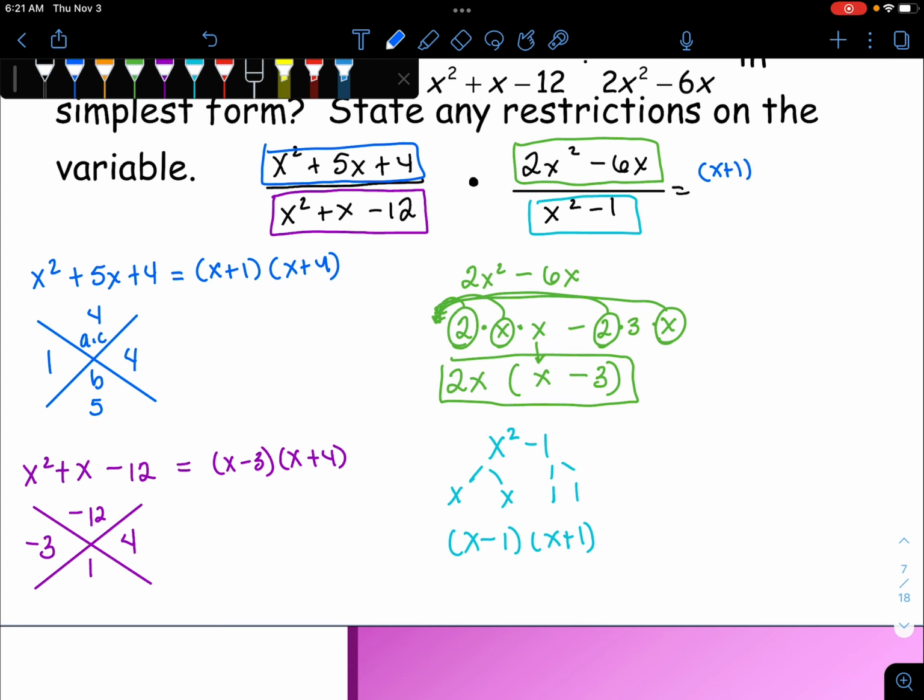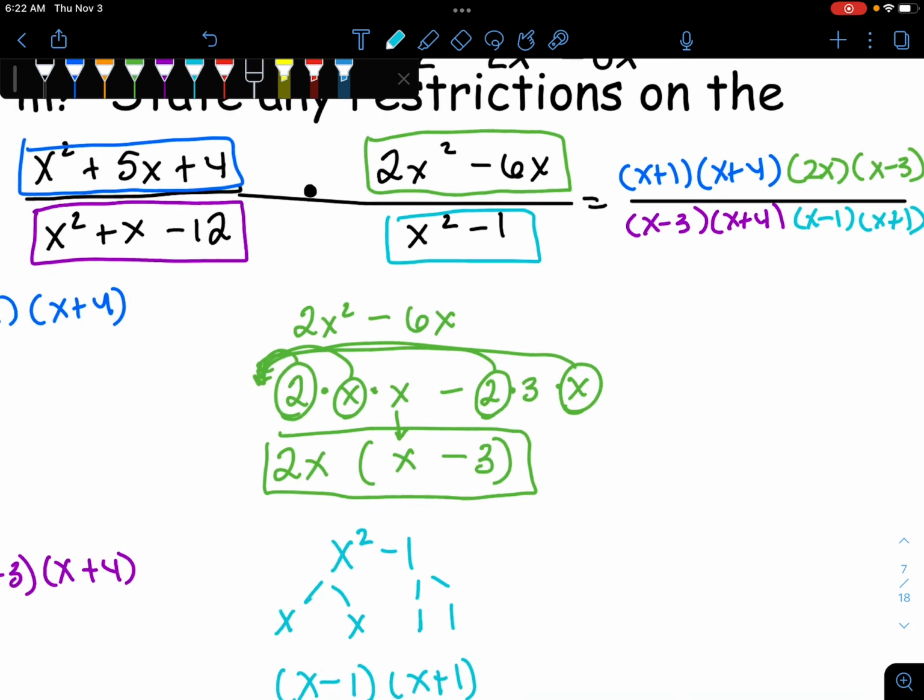X plus 1, x plus 4, and then green is 2x times x minus 3 over, so again, if it's multiplication, you just close the gap here. Purple is x minus 3, x plus 4, x minus 1, x plus 1.